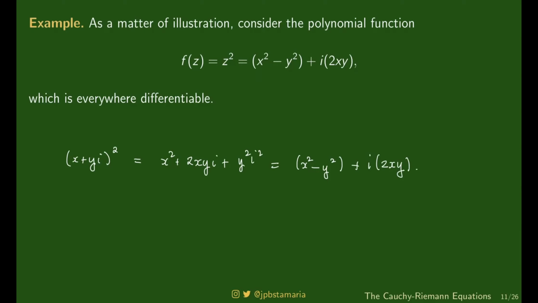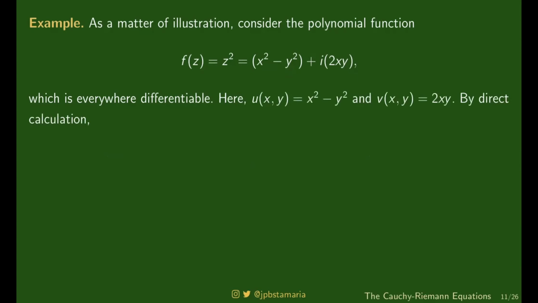Now, we already know that z squared is a polynomial function, therefore, it is everywhere differentiable. So, by the previous theorem, dapat yung u na ito, tsaka yung v na ito, they must satisfy the Cauchy-Riemann equations everywhere in the Cartesian plane R2. So, kung tatawagin natin u of xy yung x squared minus y squared, tapos tatawagin nyo namang v of xy yung 2xy, anong magiging partial derivative ni u with respect to x?